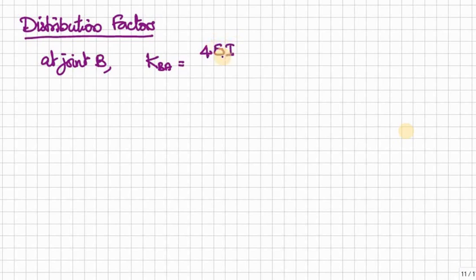Therefore, we have to find out stiffness factor for each member meeting at joint B. Therefore, KBA is equal to 4EI by L because the far end of BA is fixed. Therefore, 4EI by L.